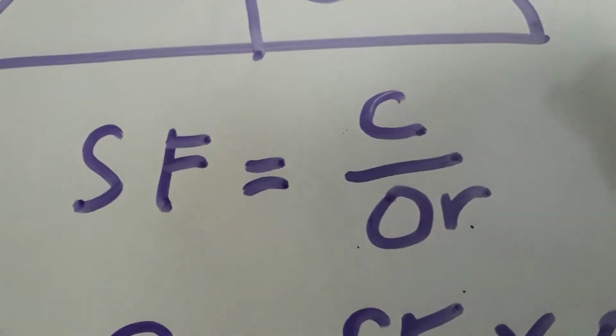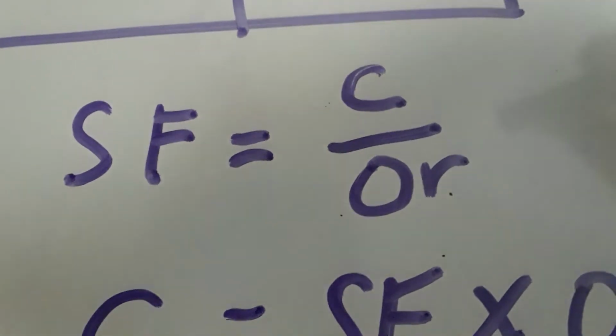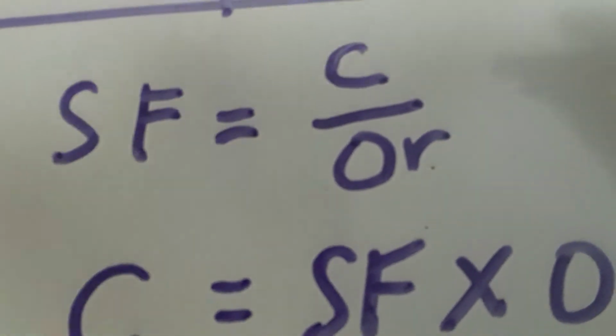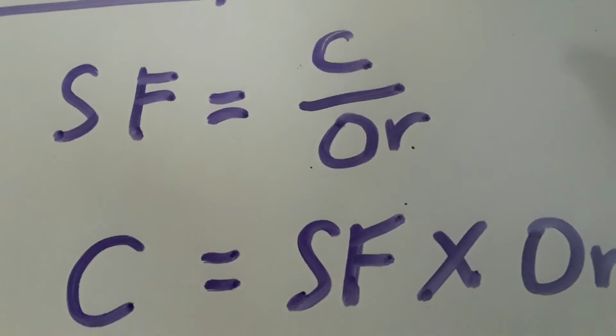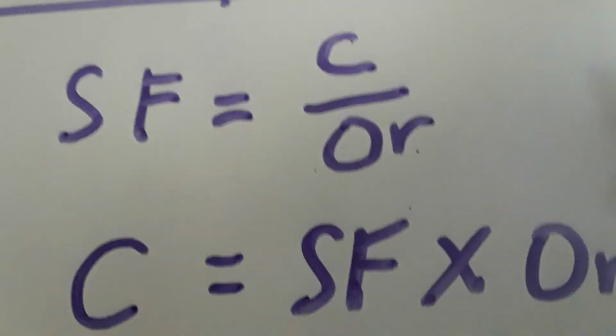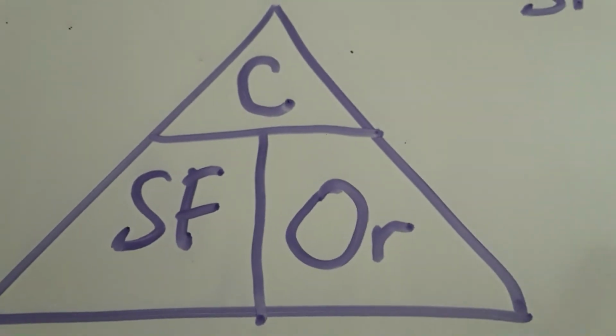Obviously, if the scale factor is greater than 1 and you want a smaller number, you're going to divide by the scale factor. If the scale factor is greater than 1 and you want a larger number, you're obviously going to have to multiply by it. So I prefer using logic. However, if you want to use this device, by all means.